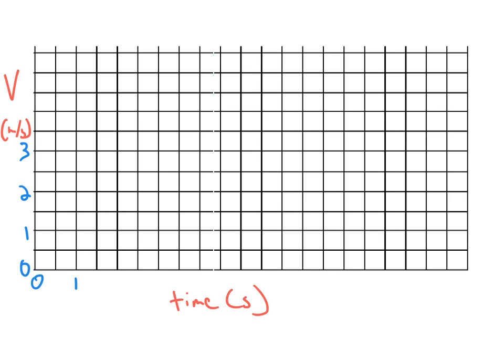Same thing over here, 0, 1, 2, 3, 4, 5. And all of our data points are right around 3. So we're going to see pretty much a horizontal line here, which shows constant speed. I don't have the exact numbers right in front of me because I had to switch pages, but the graph's going to look a little bit like that. So they run with a constant speed.